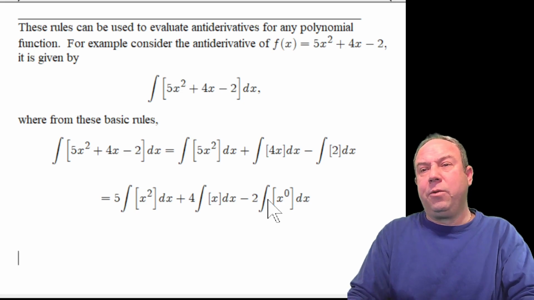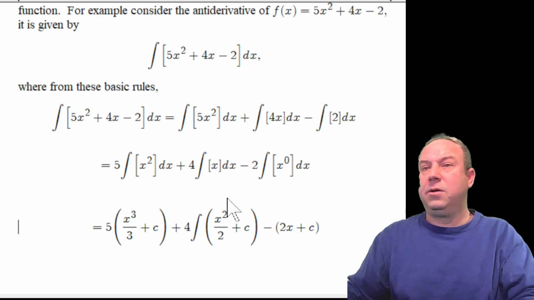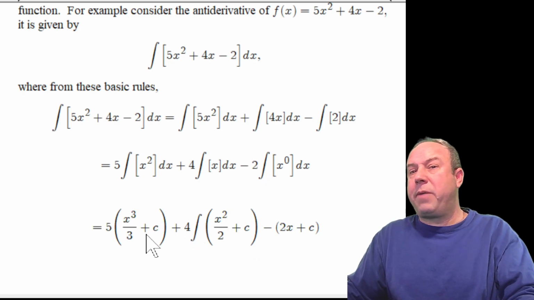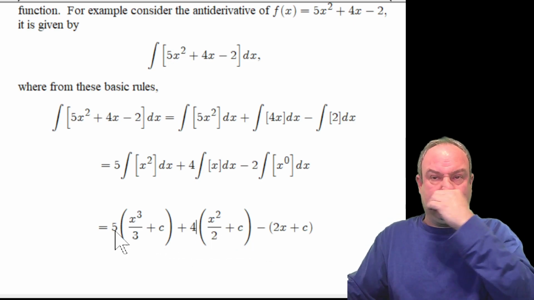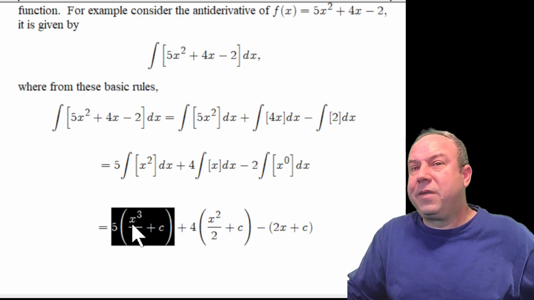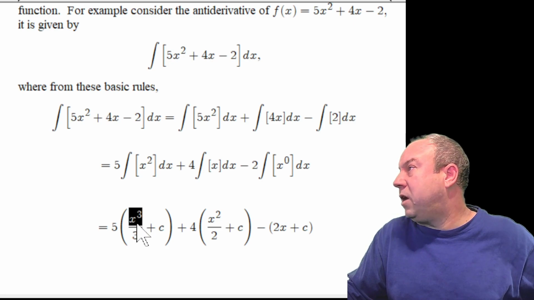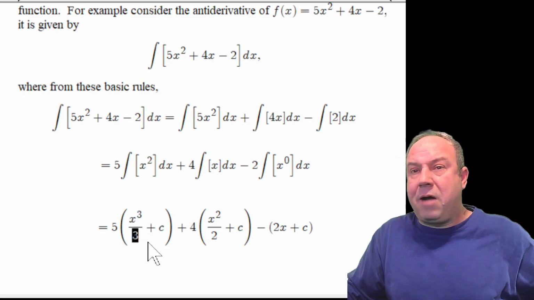Right? We can come along and say, well, from our power rules, this is equivalent to this result seen here. Using the power rule, this power of x squared is going to bump up by 1 to 3, and we're going to divide by that new power of 3.